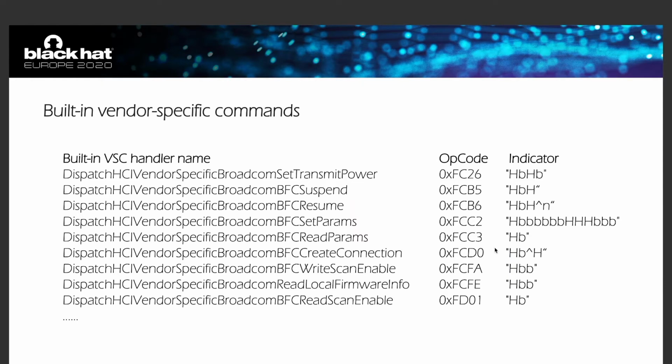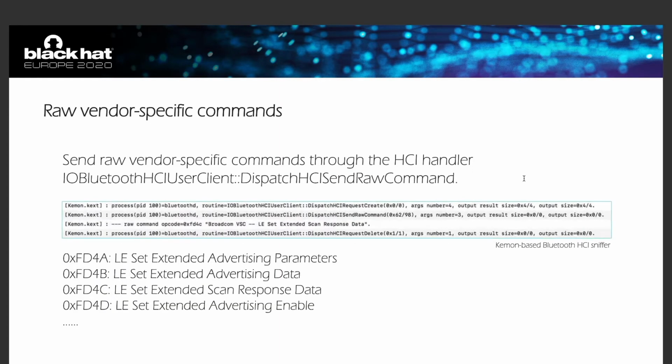In the next step, we need to deepen our understanding of vendor-specific commands. Vendor-specific commands on macOS can be divided into two types. The first is the built-in VSCs. Reverse engineering shows that these commands have corresponding handlers and indicators. But more vendor-specific commands come in the form of raw data.